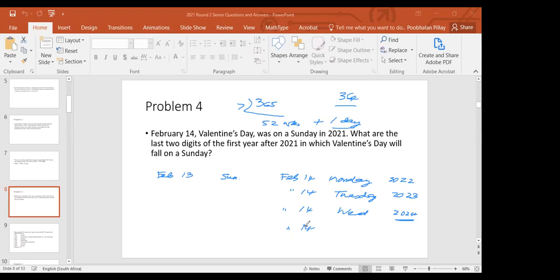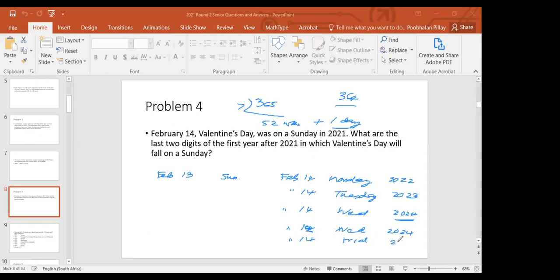February 12th, 2024 will be a Wednesday. That's 364 days away. That'll be on a Wednesday. But you've got 366 days that we have crossed. So February 14th will be on a Friday.